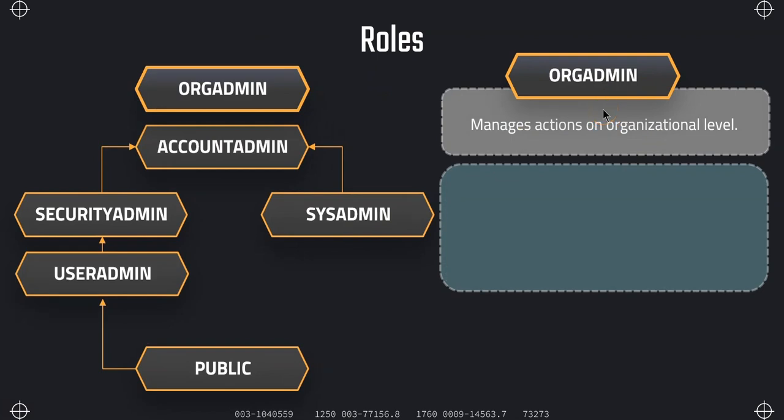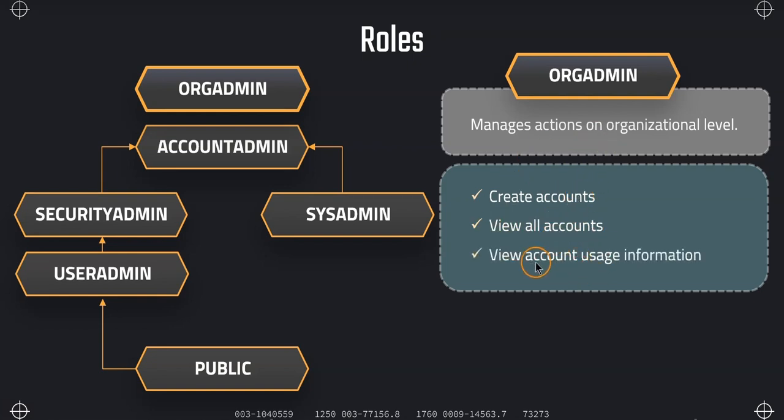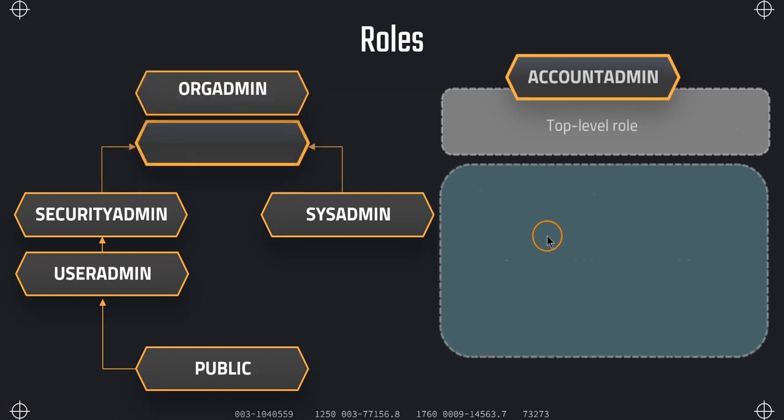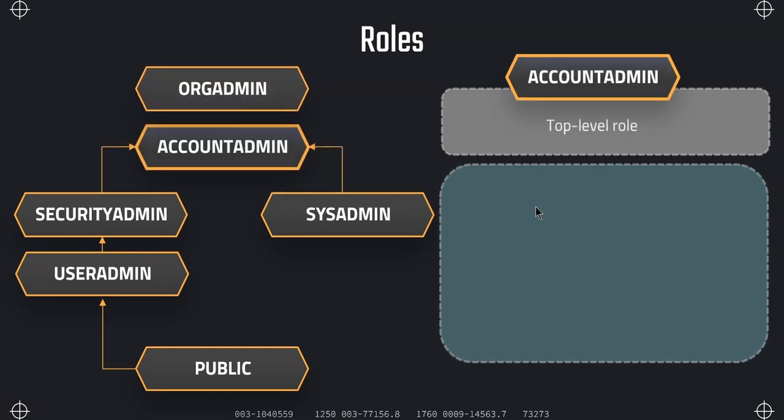This is something that you might notice, and this is basically managing actions on an organizational level. If you have multiple accounts, this is the role that can create additional accounts. We talk also about reader accounts and so on. So this is something that can be done by the org admin on the organizational level, and this is therefore a little bit outside of the hierarchy.